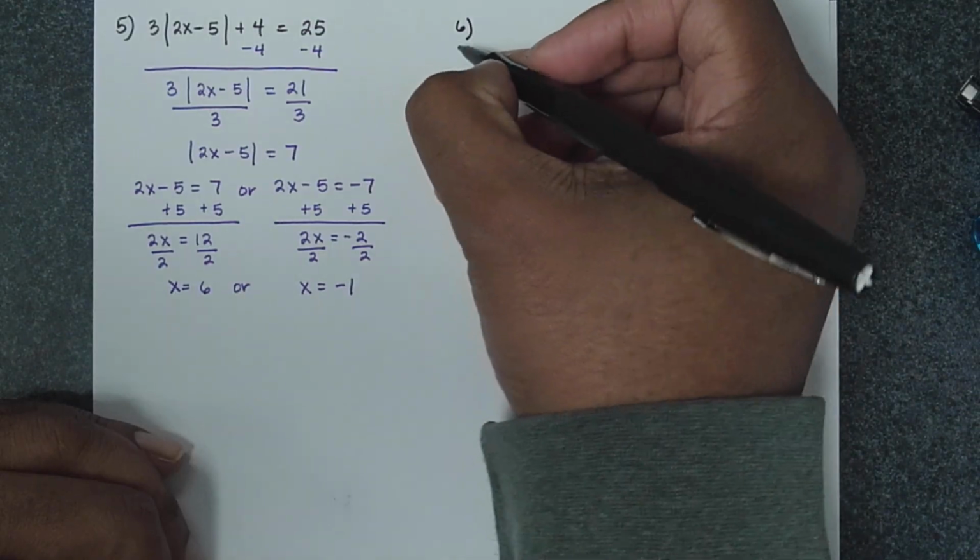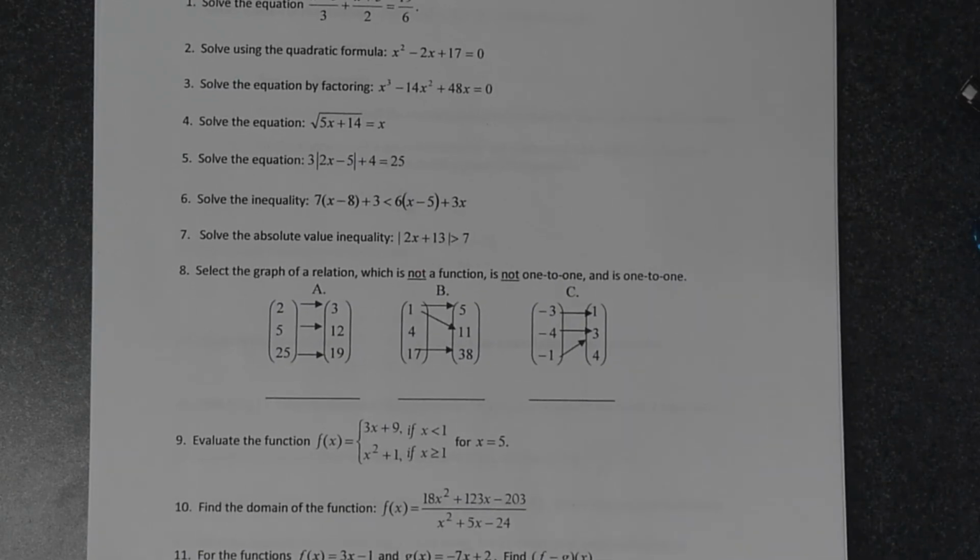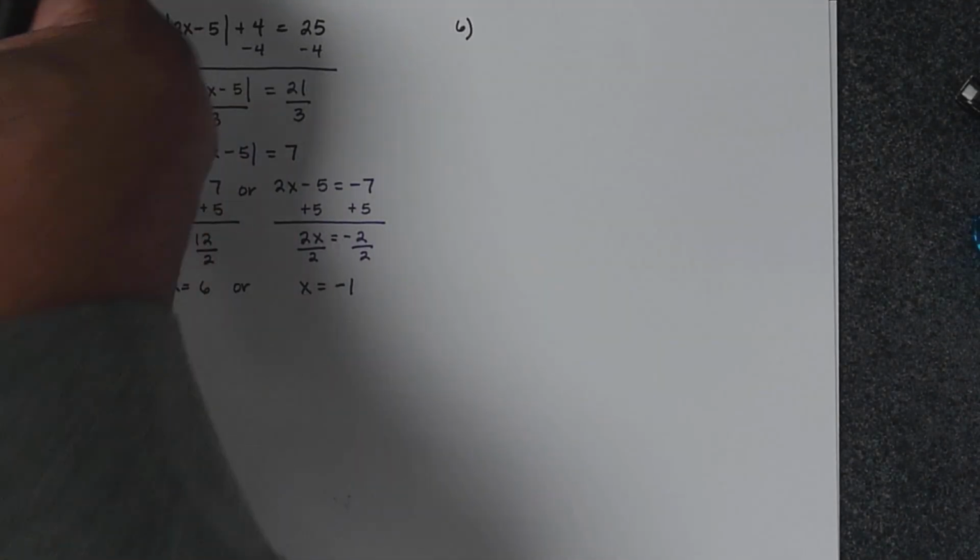Number 6. Now here I have a regular inequality that I'm going to solve. So here I got 7 times the quantity x minus 8, then plus 3 is less than 6 times the quantity x minus 5 plus 3x.